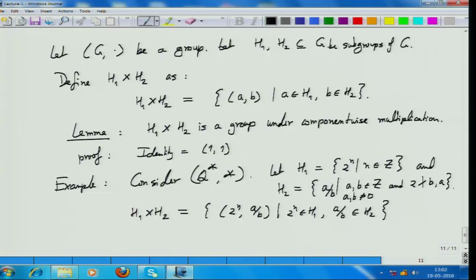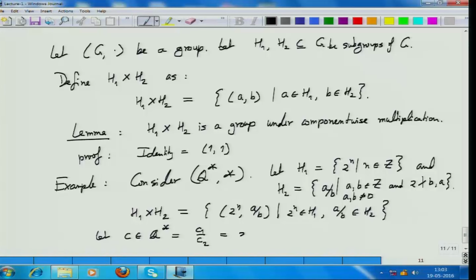Now comes the key point. Look at any element of Q star. I can write it as C1 by C2, where C1, C2 are integers. Now take out the powers of 2 from C1 and from C2.